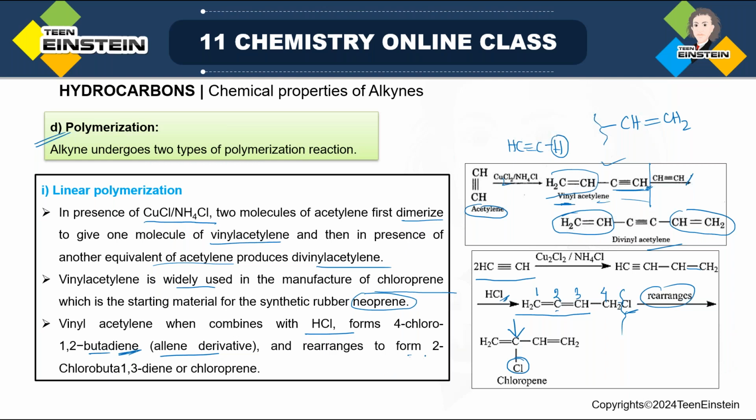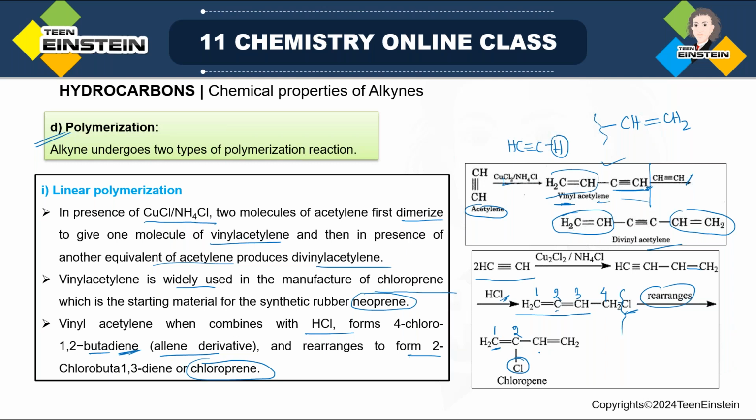So it is rearranging to form 2-chloro-buta-1,3-diene. Now it will have the name chloroprene. That is the common name we use, but the actual IUPAC name is 2-chloro-buta-1,3-diene or 1,3-butadiene. Both are fine.